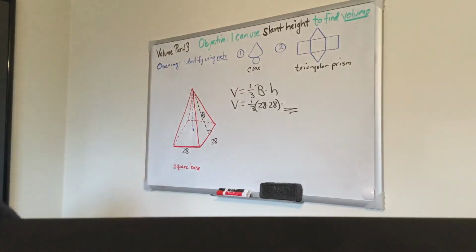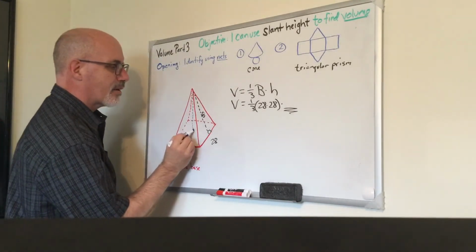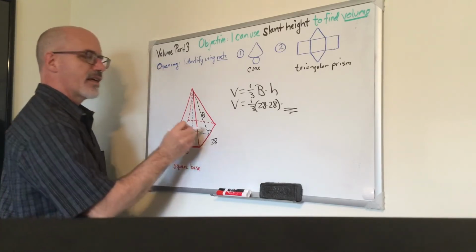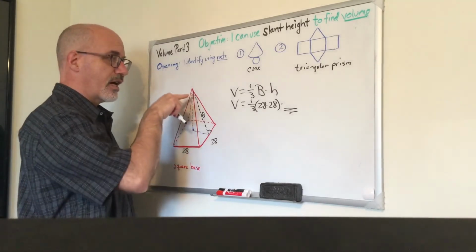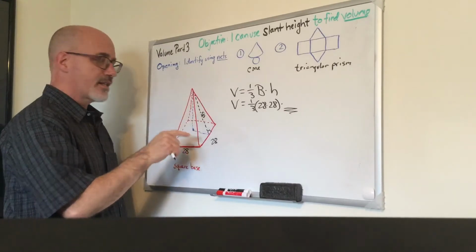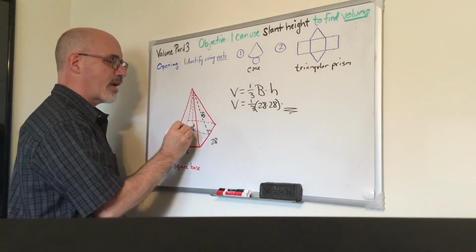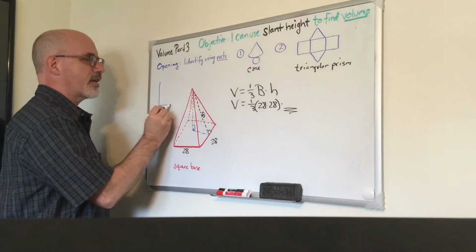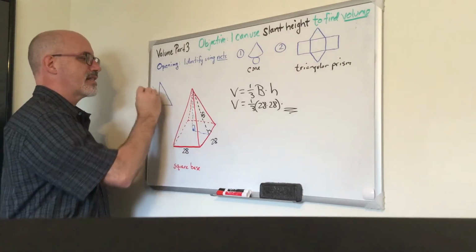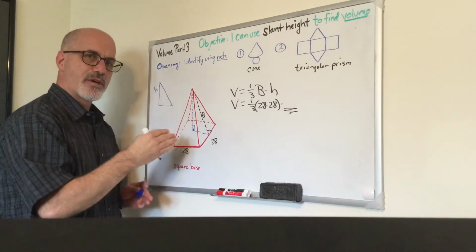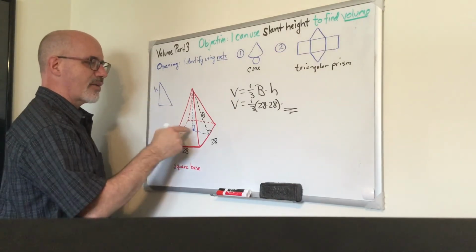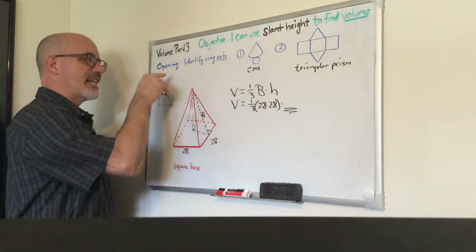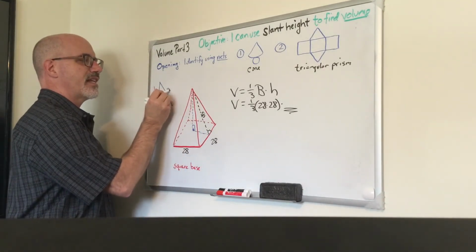If I draw it over to the foot of our slant height, we now have a right triangle. If I separate out that right triangle, this is the height of the pyramid, this is the length at the bottom, and here's the slant height of 50.